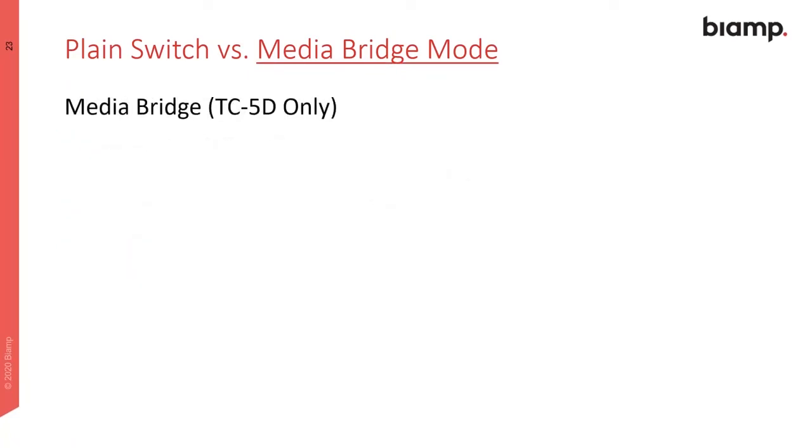Okay, so let's move on to the media bridge mode, which is supported on the TC5D only. Anytime you need a media bridge mode, you are limited to the TesiraCONNECT 5D. AVB, control, Dante, and AES67 supported by Dante can be implemented into the system.